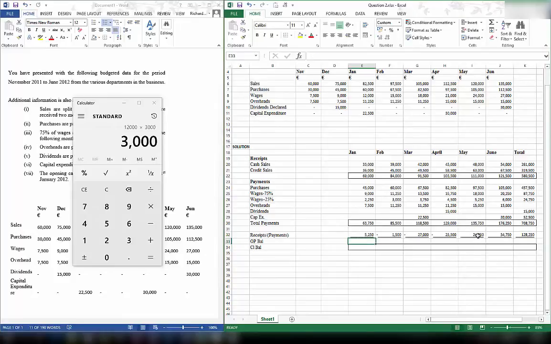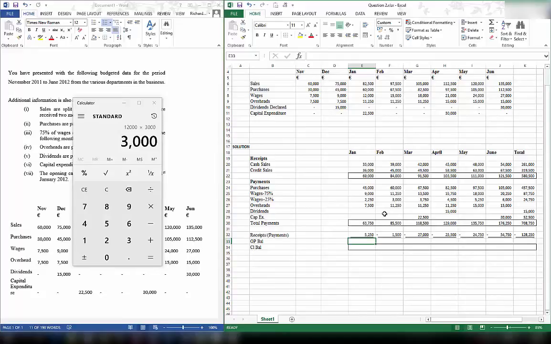So, pretty negative across the board. These should all be minus figures. So, in most of these months, from February to June, we had more money going out than we actually had coming in.